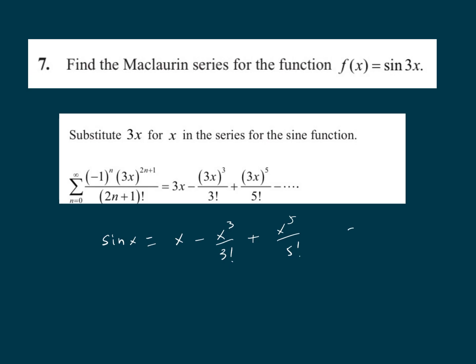Sine of x is the summation from n equals 0 to infinity of minus 1 to the n, now x raised to the odd power 1, 3, 5, so this is x to the 2n plus 1 divided by 2n plus 1 factorial. So this is sine of x.